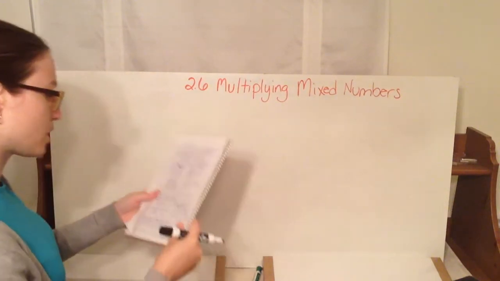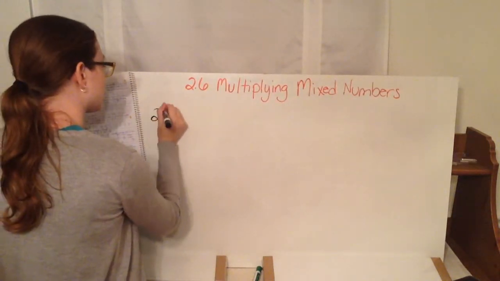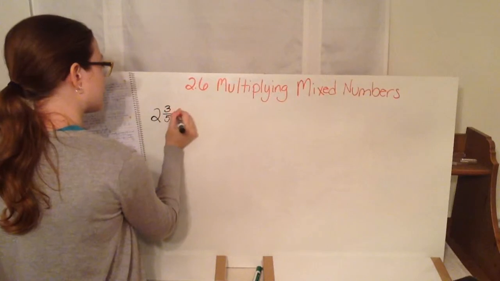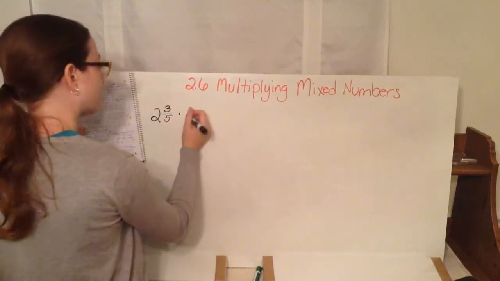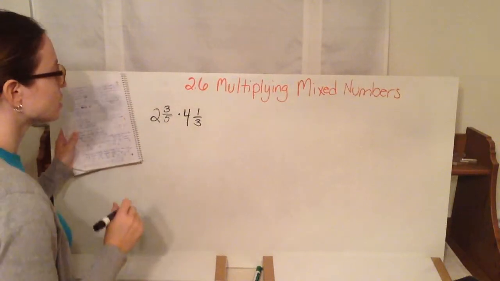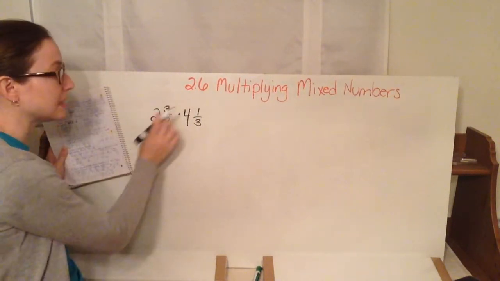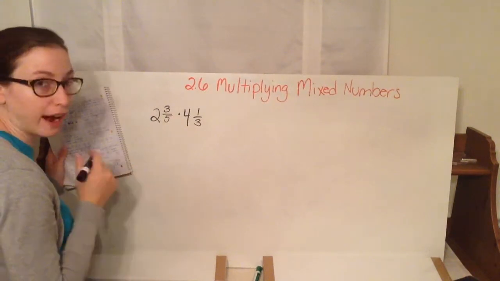Okay? So an example is 2 3/5 times 4 1/3. So first I make them each into improper fractions.